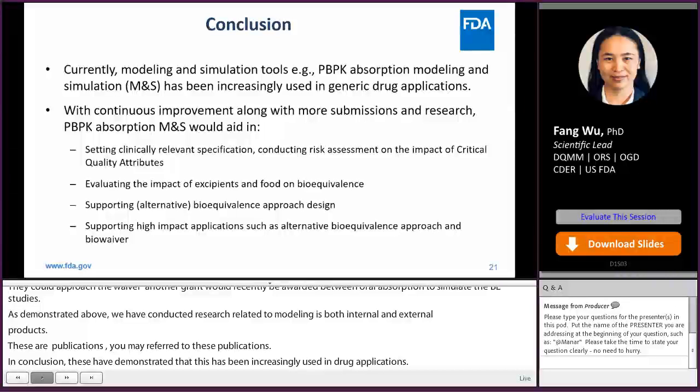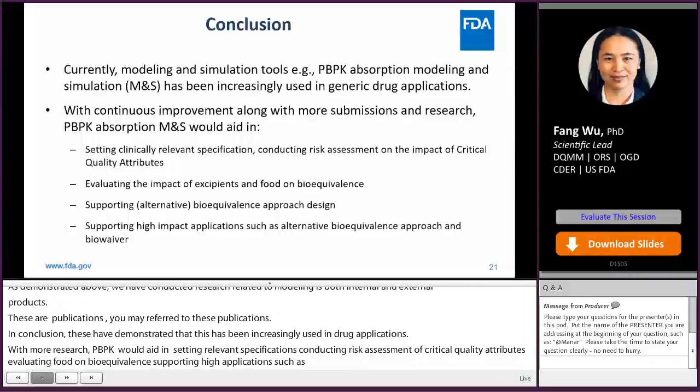FDA also encourages sponsors to submit alternative BE approach proposals with modeling and simulation data. Communicating with the agency at an early stage via controlled correspondences or pre-ANDA meetings is encouraged.